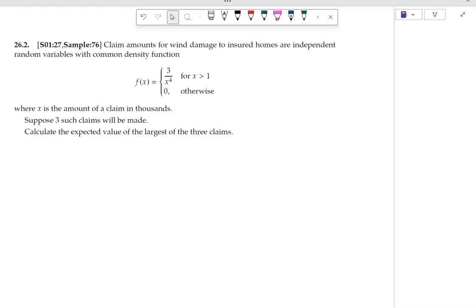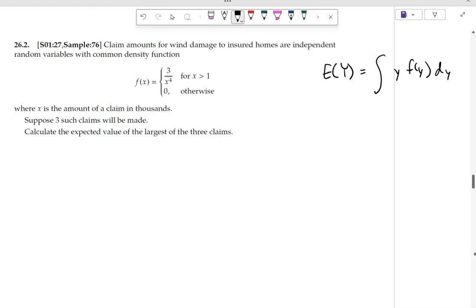This is 3 such claims. How do we compute expected value again? What do you have to do? Yeah, right. So if I want the expected value of y, I would need y times the PDF for y over the entire interval, right?